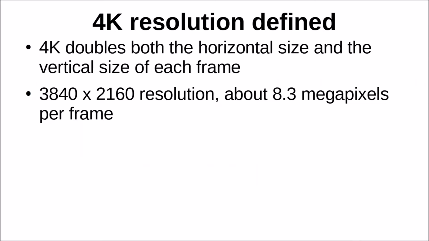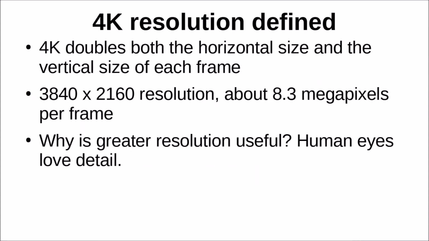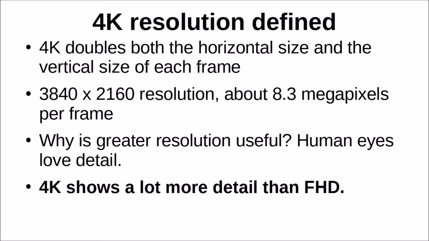And that's about 8.3 megapixels per frame. It's a lot more detail. Now, in particular, that's important. Greater resolution is useful because human eyes love detail. And so 4K shows a lot more detail than full HD.